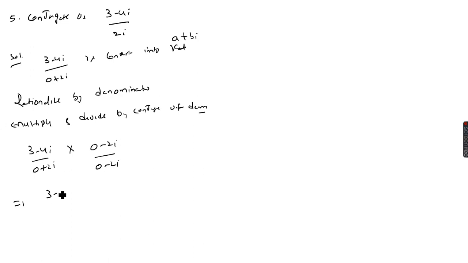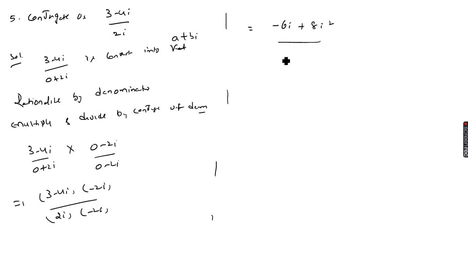So we get (3 minus 4i) into minus 2i, and in the denominator 2i into minus 2i. So we get minus 6i plus 8i square, minus 4i square. Minus 6i minus 8, since i square equal to minus 1, and minus 4 into minus 1.